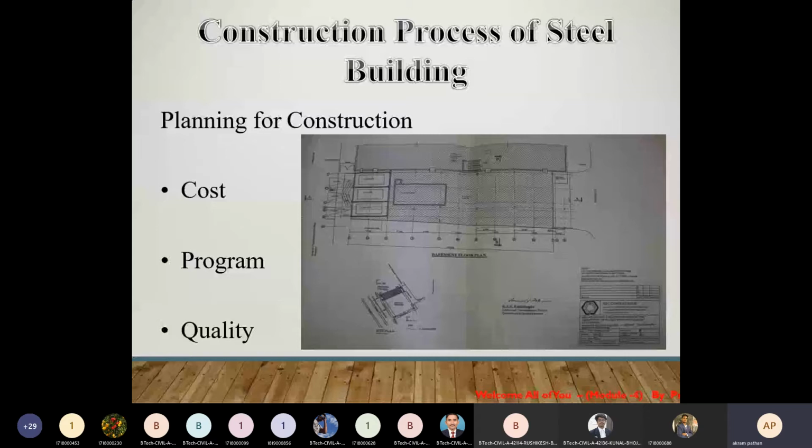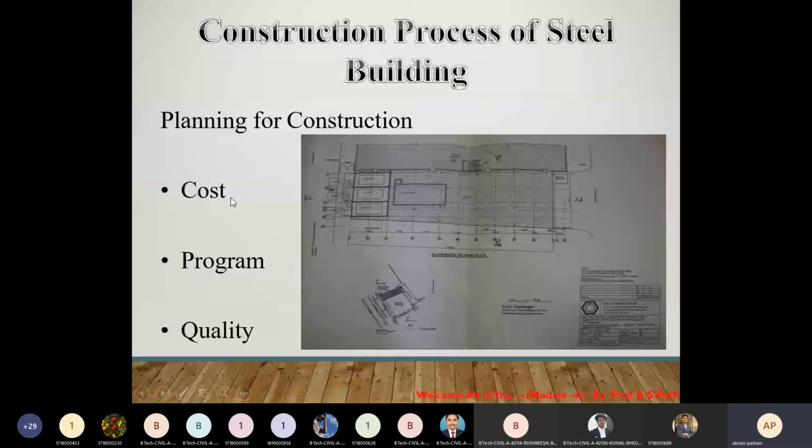So we can also go for the step by step procedure for erecting our residential building also, any public building or any high rise building also. So these are the planning stages we should consider. Three things we should consider, three parameters, that is cost, then program, and the quality.